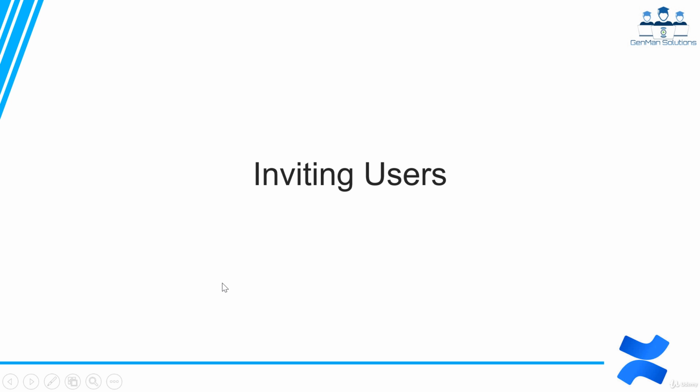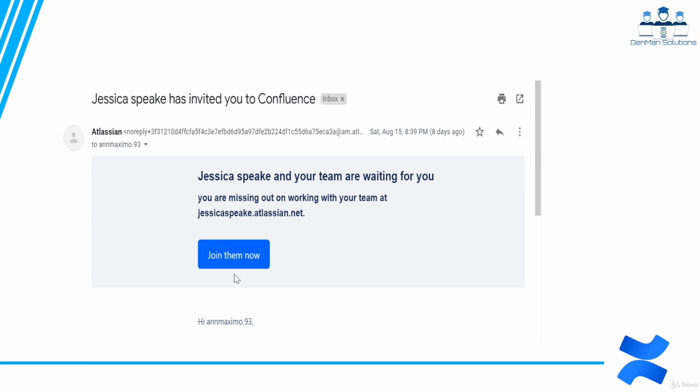Now once you have invited the team members or new users, those new users will receive an email invitation like this. And once they click on the join now button, they will be directed to the Confluence sign up page. If the user is new to Confluence, they will have to go through the sign up process, which we discussed in our introductory lecture, where we looked at the process to create your own Confluence account.